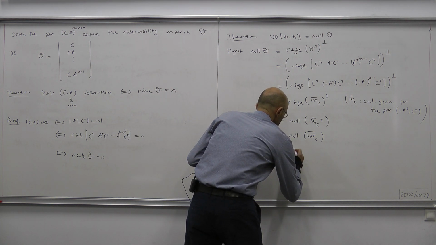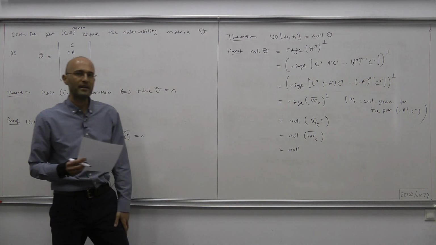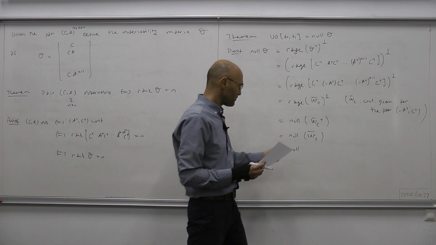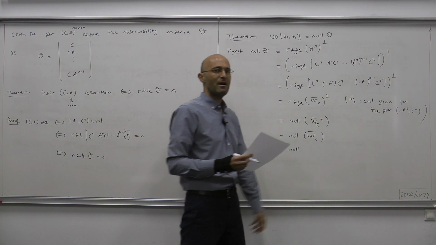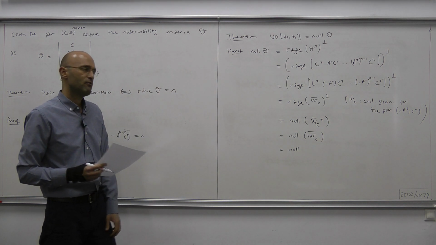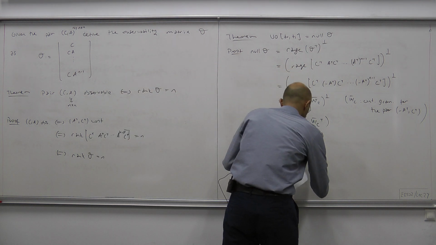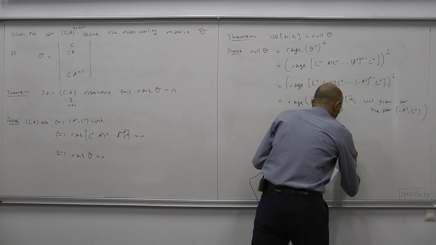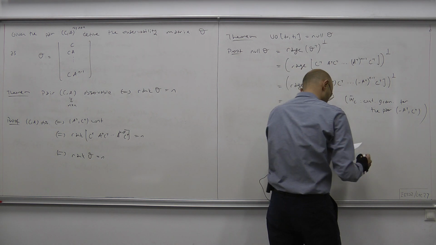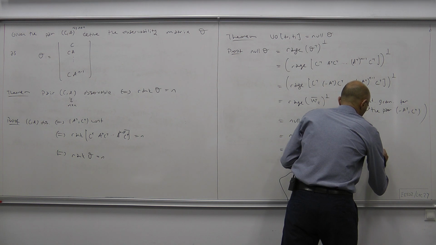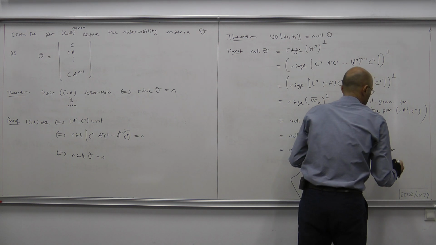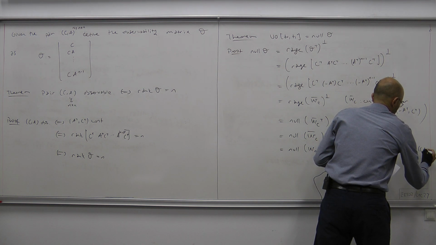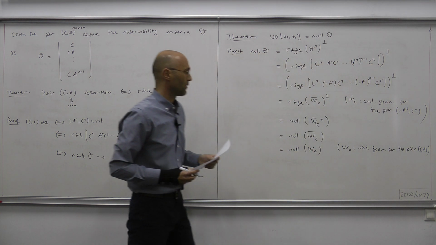And we noticed just recently that this Gramian is the same as the observability Gramian of the first system, W O, where W O is the observability Gramian for the pair (C, A).